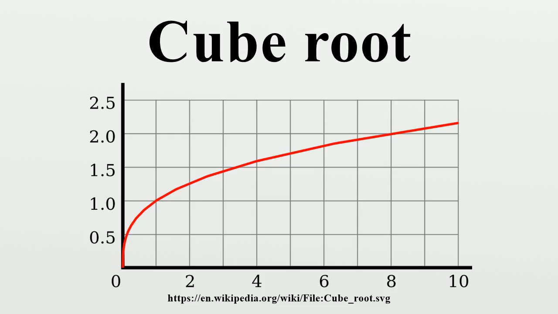In other words, it is a bijection, or 1-to-1. Then we can define an inverse function that is also 1-to-1. For real numbers, we can define a unique cube root of all real numbers. If this definition is used, the cube root of a negative number is a negative number.